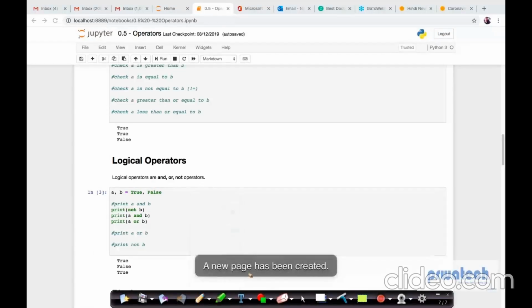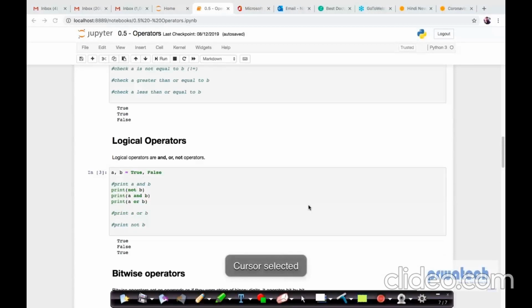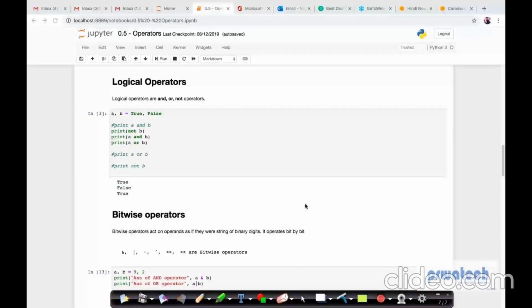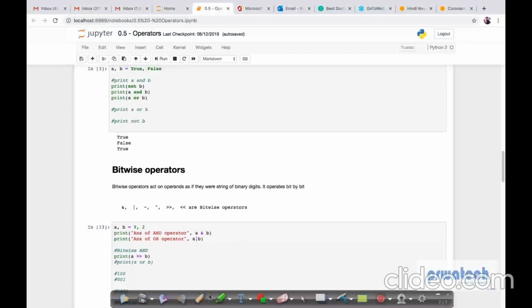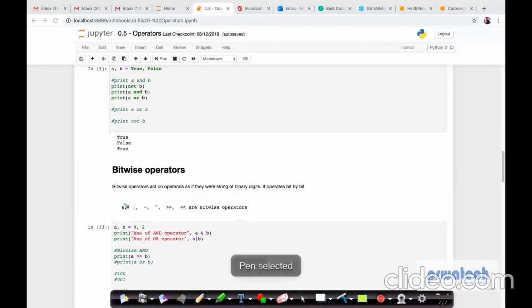And now the most important, tricky operator is the bitwise operator. We have different signs here. AND operator, same as above. OR operator, same as above. NOT operator, this is a bitwise NOT operator.